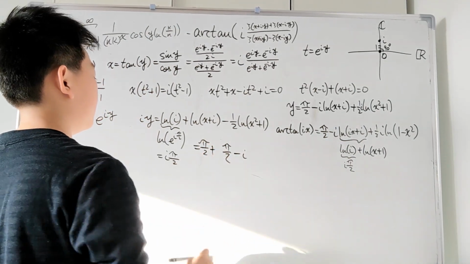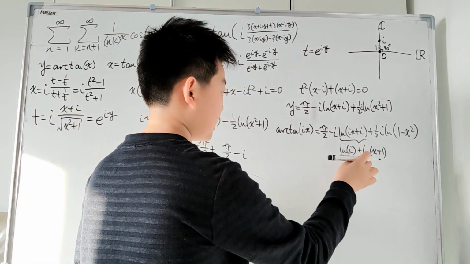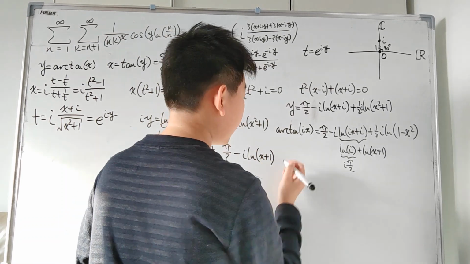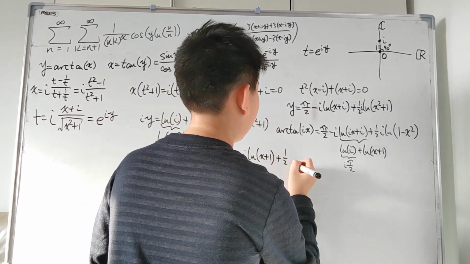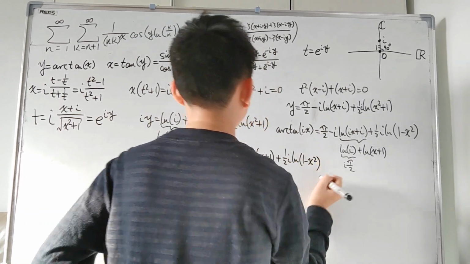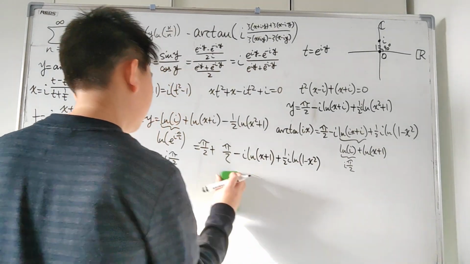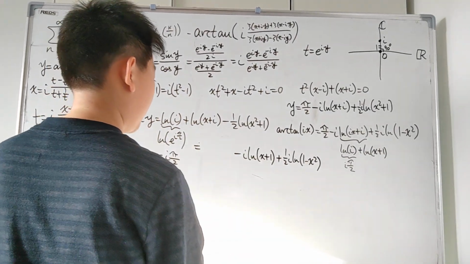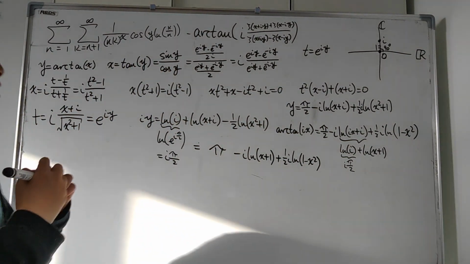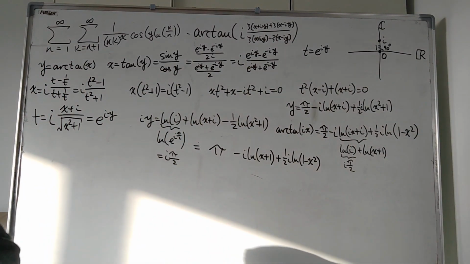So this is just pi, minus i times the natural log of x plus 1, and then plus 1/2 i natural log of 1 minus x squared. And then of course these two we can combine to get just pi. There you have it. This is our expression that we're going to be using.